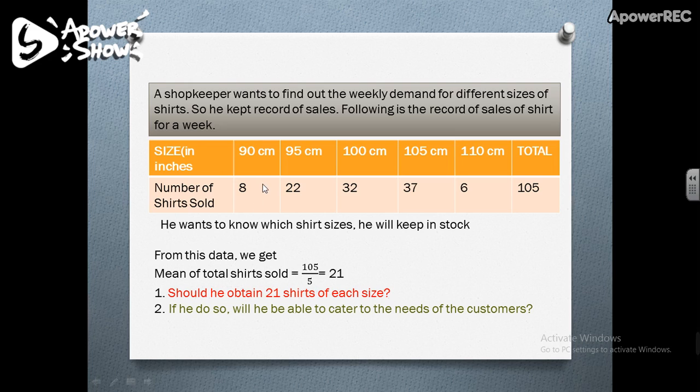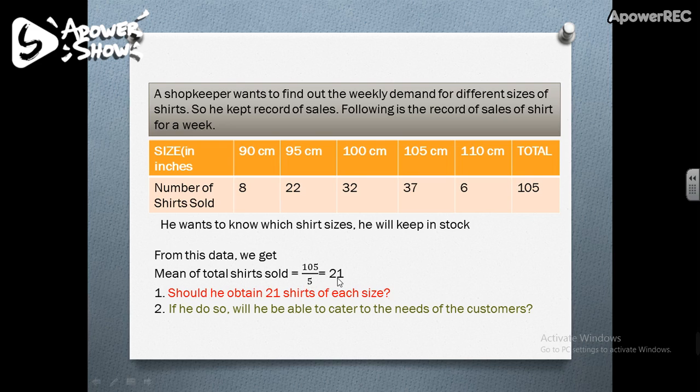So here we have 5 observations, and the sum of all these 5 observations is 105. So the mean of total shirts sold equals 105 divided by 5 equals 21.